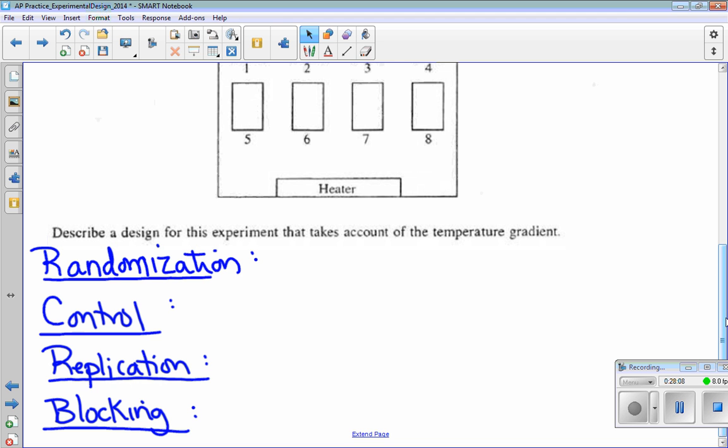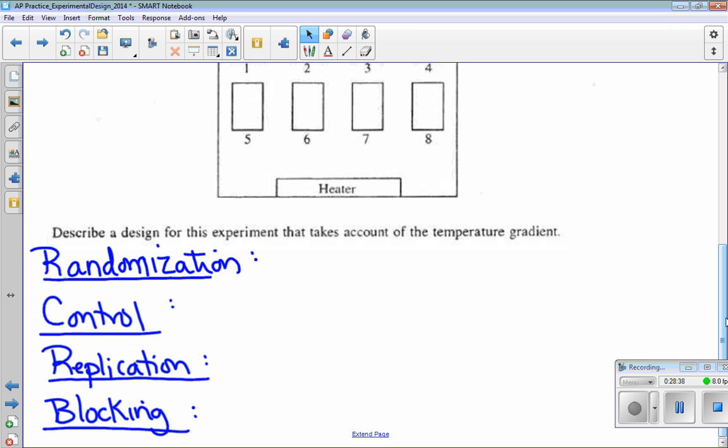There is no control group in the sense of getting no food, because that would just kill the fish, and that would be sad. But because water has to be given, we really should have said the amount of water they're currently getting versus a new amount. So what would the control be? The old food, yes. We're going to treat that as a control.